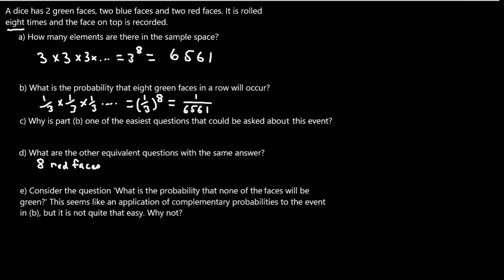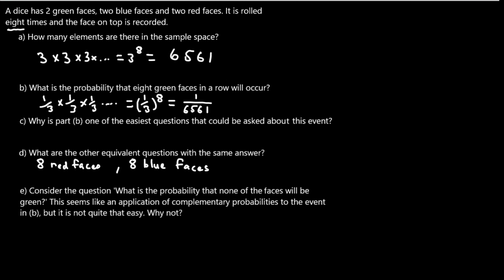That's 1 out of 3 as well. And what about 8 blue faces in a row? Because the number of blue faces is 2 out of 6, which is the same as 1/3. So the probability for 8 red faces and 8 blue faces would be the same for that.